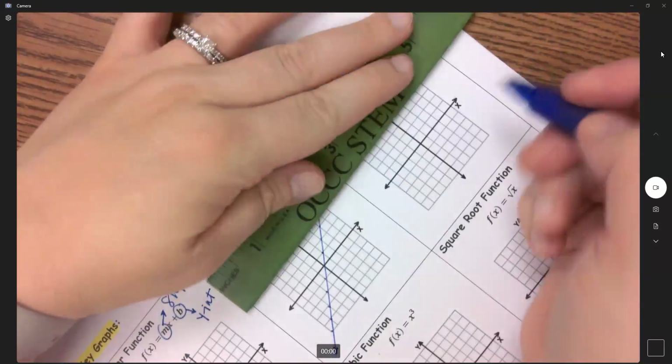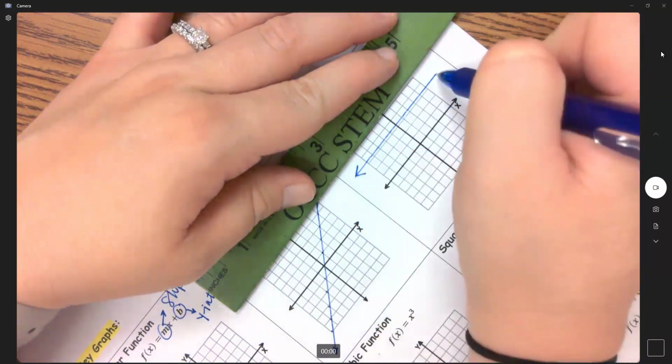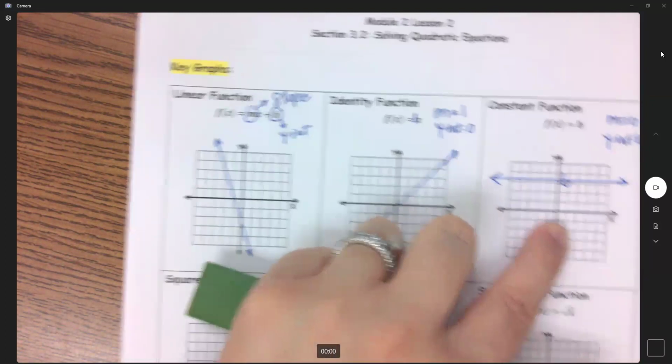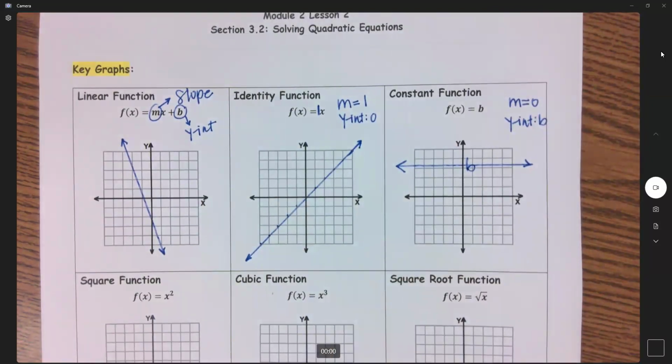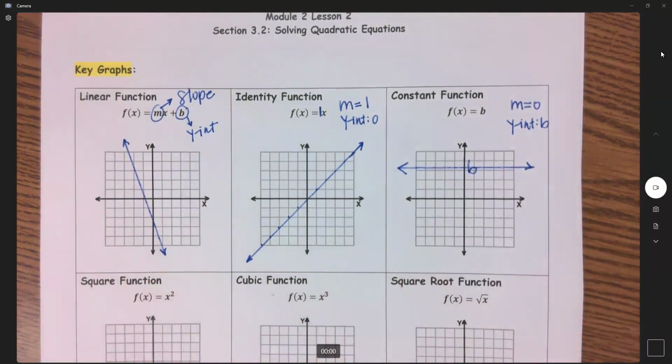So these are your horizontal lines. So this is going to be crossing right here at b. So hopefully we're pretty familiar with those.